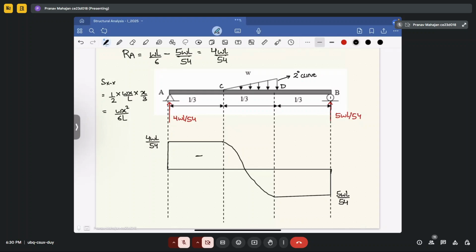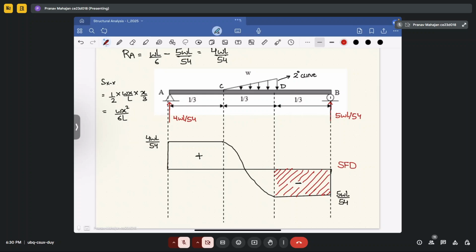So this area will be positive. This area will be negative. Now, if you try to determine the maximum shear force value in this case, the shear force value comes out to be maximum in this region, because after that the loading will start and it will be decreasing.